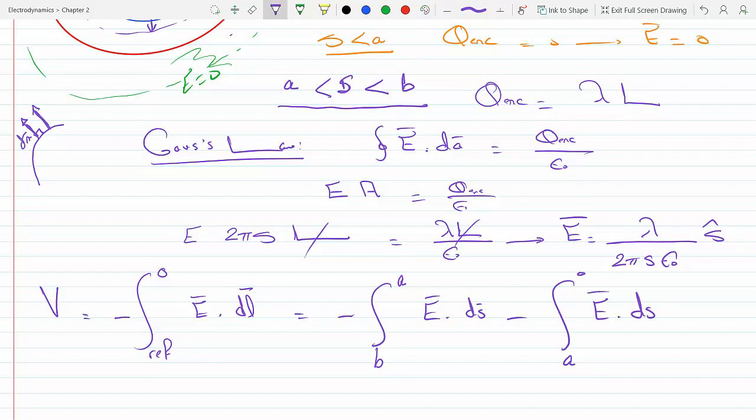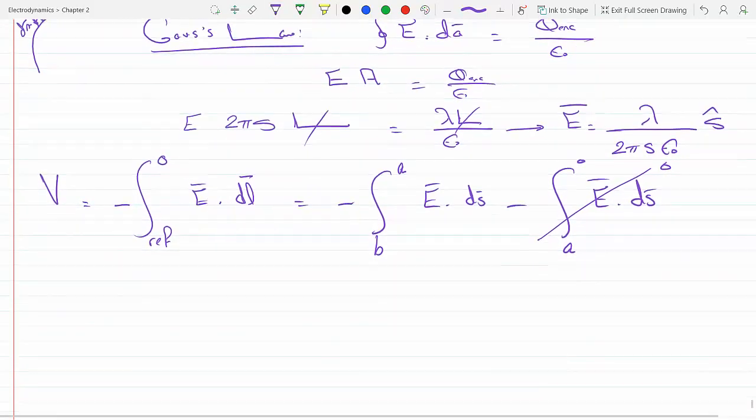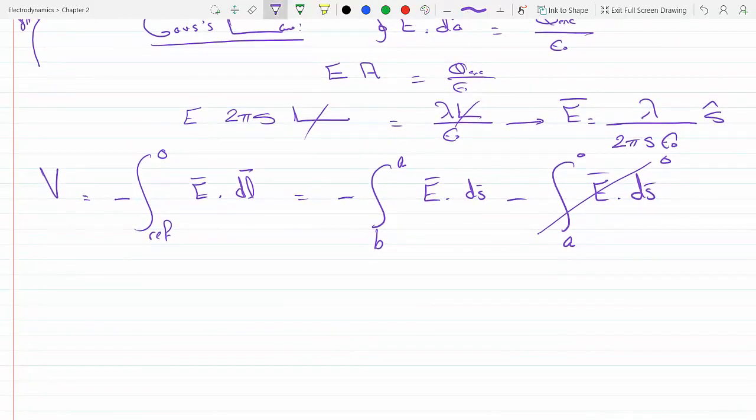And I know that here I don't have any electric field. This guy is 0, but I do have an electric field between A and B, so I plug the E that I found in here, right?